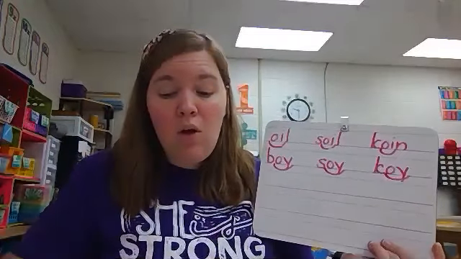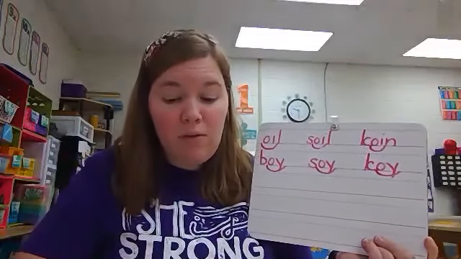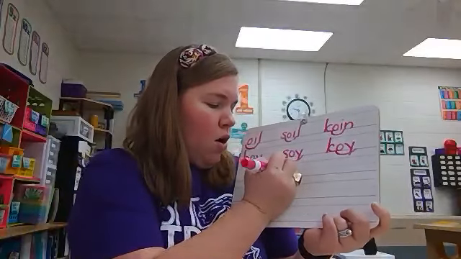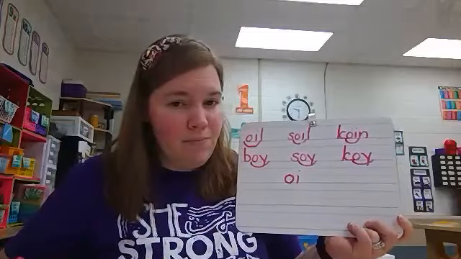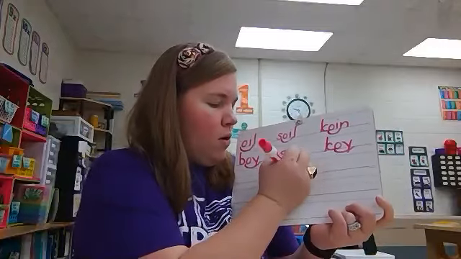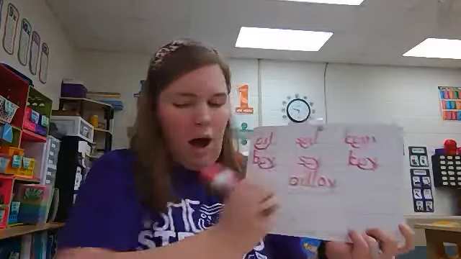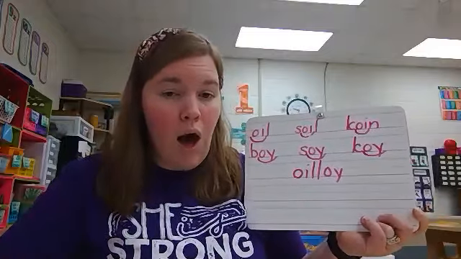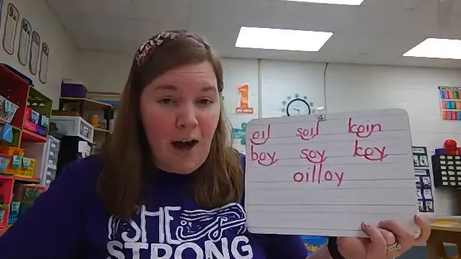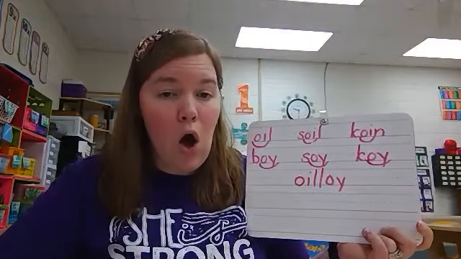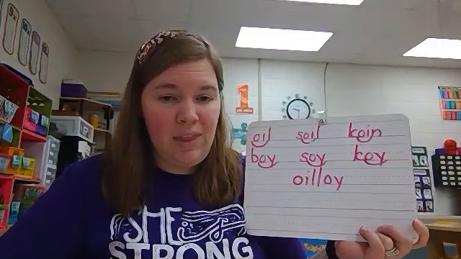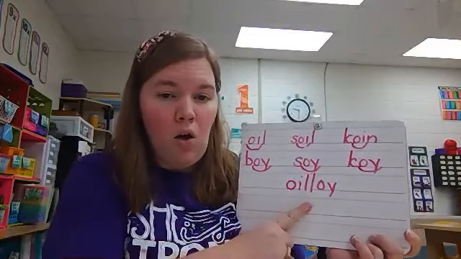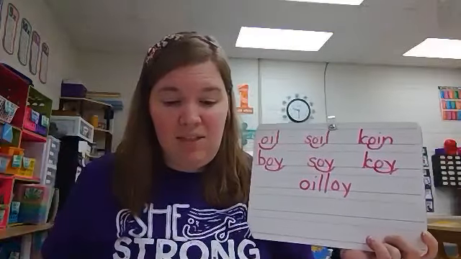So now when we write the sound for oi, we are going to write OI, final OY. Diphthong OI, final diphthong OY. Because OI is at the beginning or middle, OY is at the end.